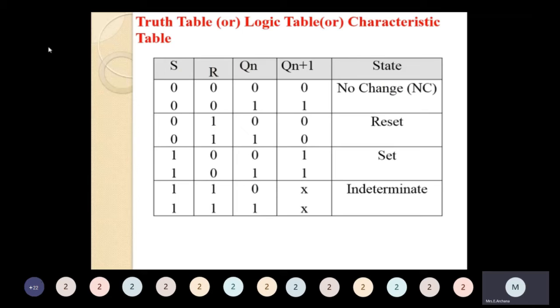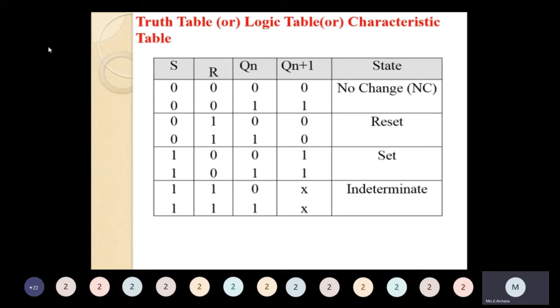So first, when my SR value is 0, 0, whether my assumption, that is the present state, is 0 or 1, there is no change in the next state. The present state and the next state are the same. When my inputs are 0, 1, whether the present state is 0 or 1, the next state will be in a reset condition, 0, 0.